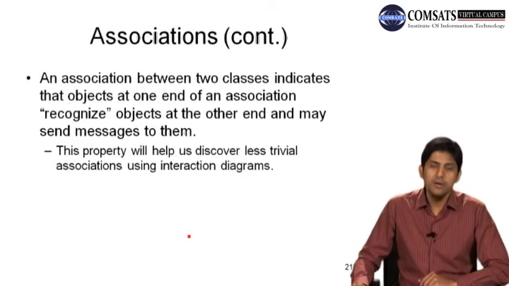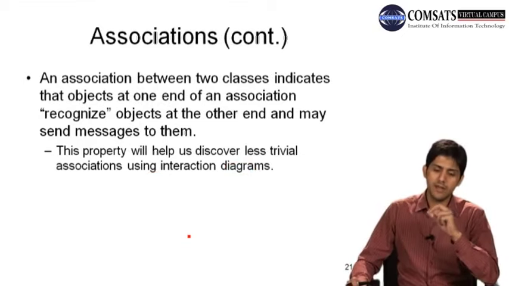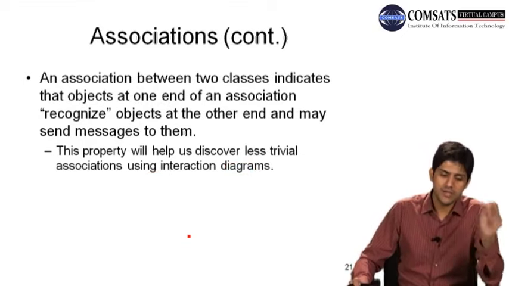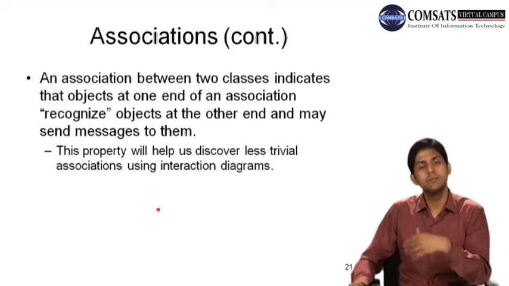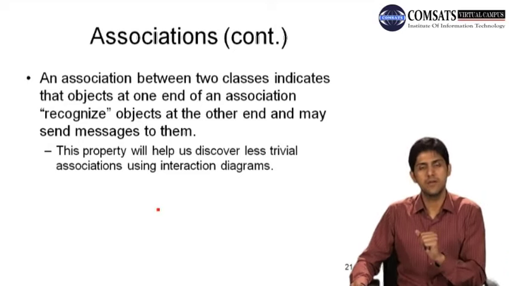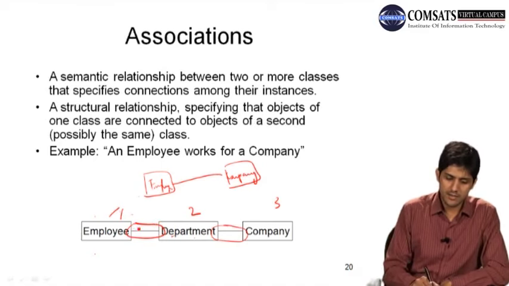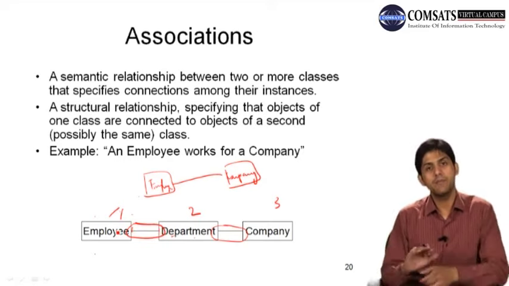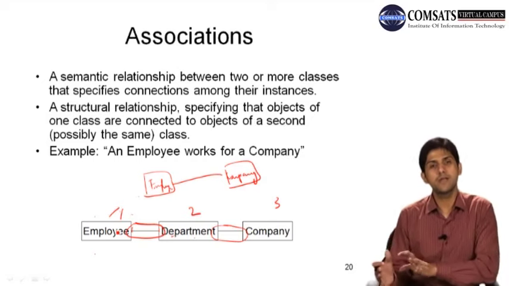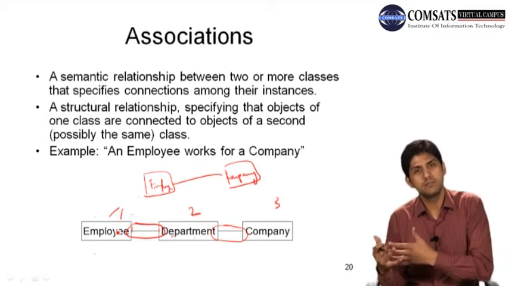Okay जी, now an association between the two classes indicates that the objects at one end of an association recognize objects at the other end and may send message to them. Okay, यानी कि जो पिछले डायग्राम में हमने ये बताया था कि इसका ये मतलब है कि एम्प्लॉई रिकॉग्नाइज करता है कि यार एक डिपार्टमेंट होता है. ओके, एंड आई एम पार्ट ऑफ दैट डिपार्टमेंट. सिमिलरली डिपार्टमेंट रिकॉग्नाइजेस कि I have basically multiple employees under me.